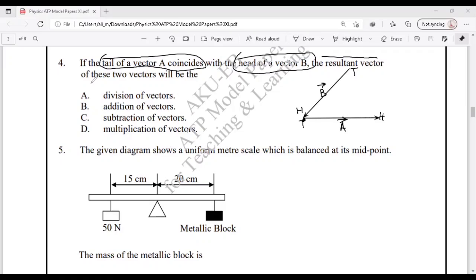The resultant of these two vectors can be drawn in this way. Let's draw the resultant vector. The resultant of these two vectors will be A plus B. The resultant of two or more vectors can be found by the addition of vectors or by using the head to tail rule. So option B is the right answer.